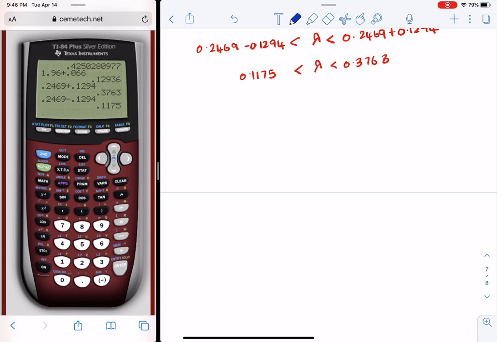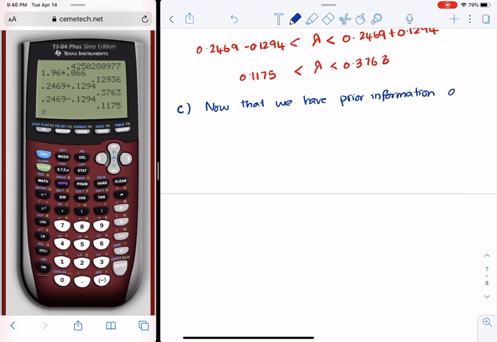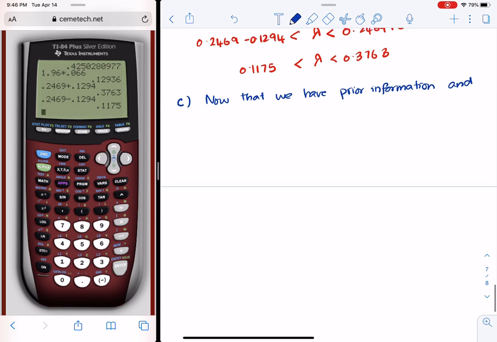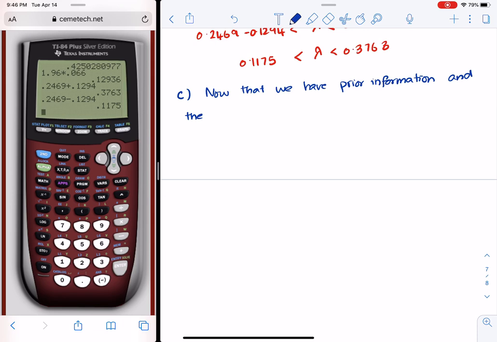If that is the case, so now that we have the prior information and the posterior distribution, is lambda equals 0.6 reasonable?